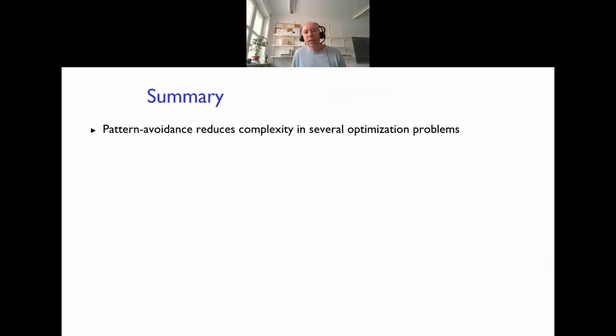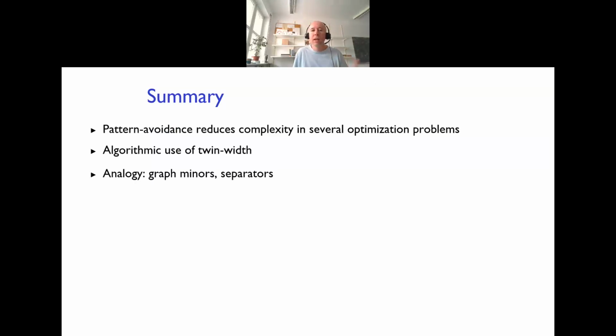Okay, to summarize, we show that pattern avoidance reduces the complexity across a variety of optimization problems. And we show this by a new type of use of twin width for constructing low complexity solutions.